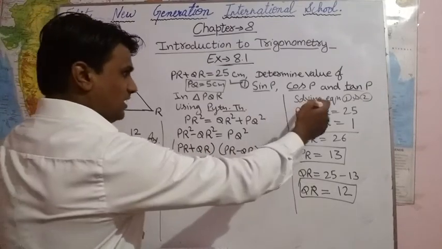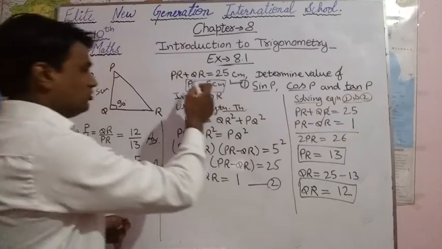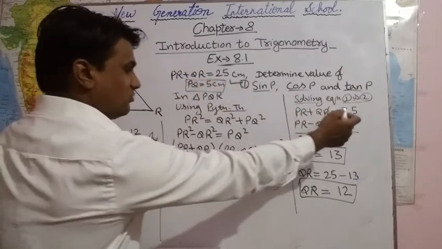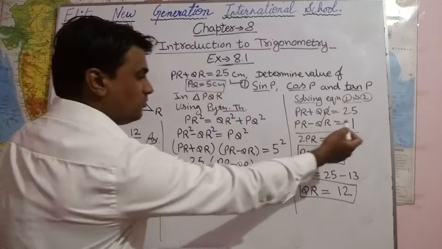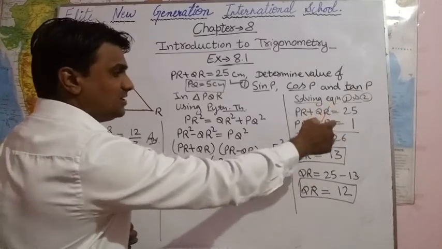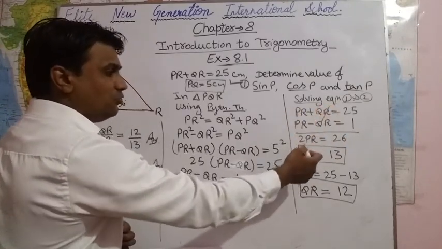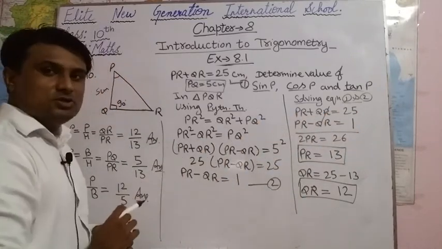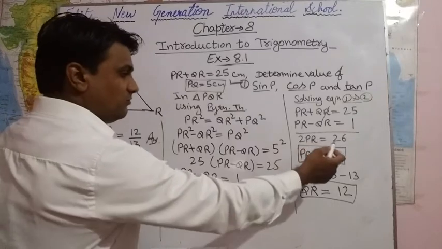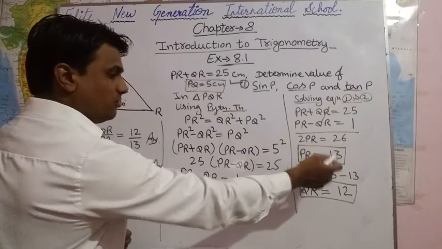Now by solving equation number 1 and 2, equation number 1 is PR plus QR equal to 25, and equation number 2 is PR minus QR equal to 1. So QR will be cancelled. So PR plus PR will be 2PR equal to 25 plus 1 will be 26. So finding the value of PR, 26 upon 2 will be 13.